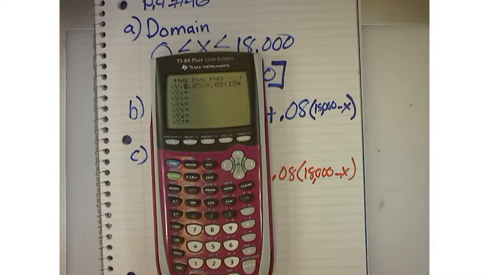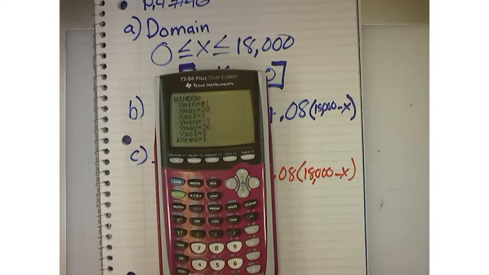And what do we want to find out when it equals what number? 1,020. Did I write that down? Was that what they wanted? Yeah. And so now when I go to set my window, we have some pretty big numbers. What is the domain? What do I set my x values to?